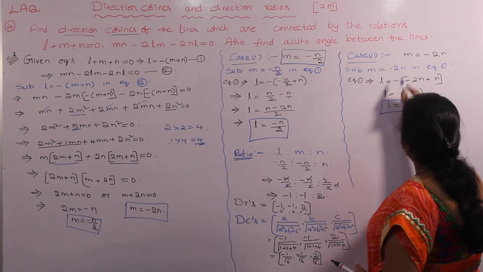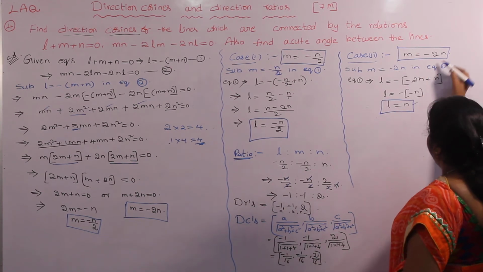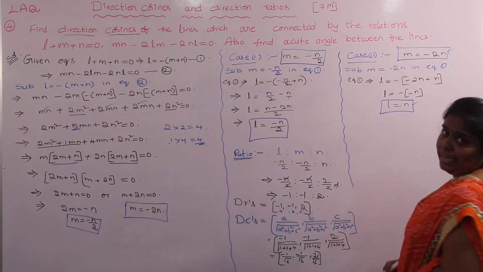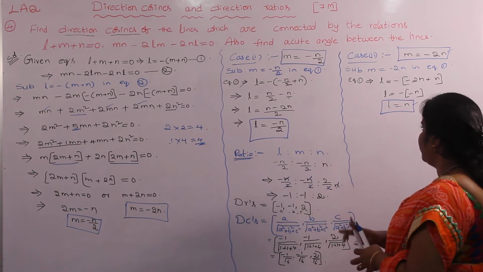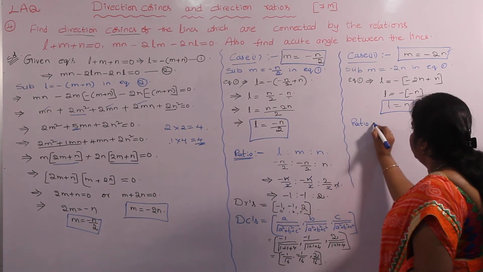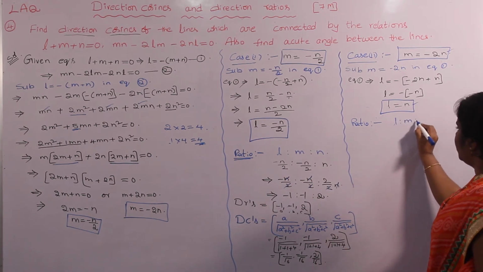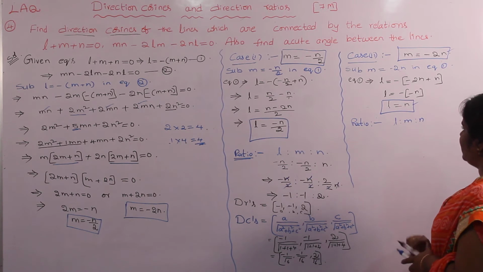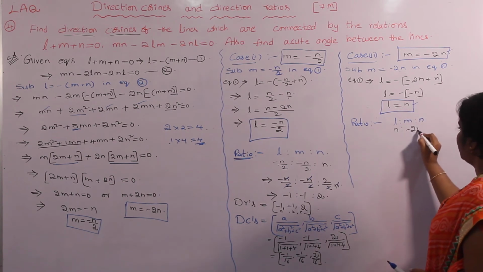From this we have the L value and m value. L is in terms of n and m is in terms of n. N is taken as it is. Now take the ratio, L is to m is to n is equal to n, minus 2n, n.